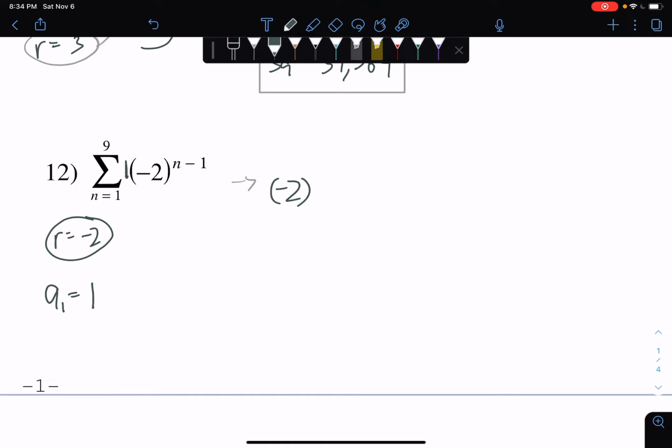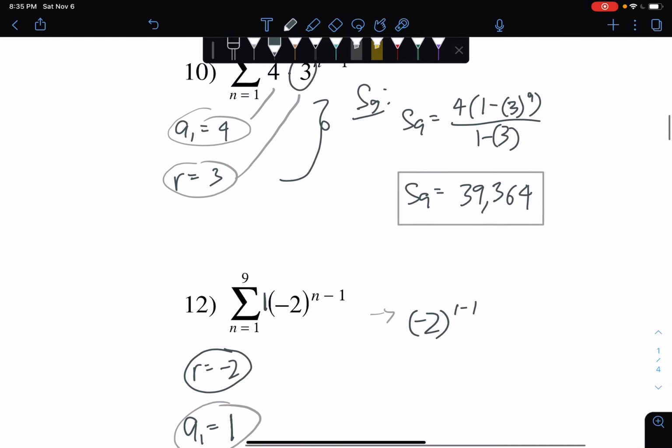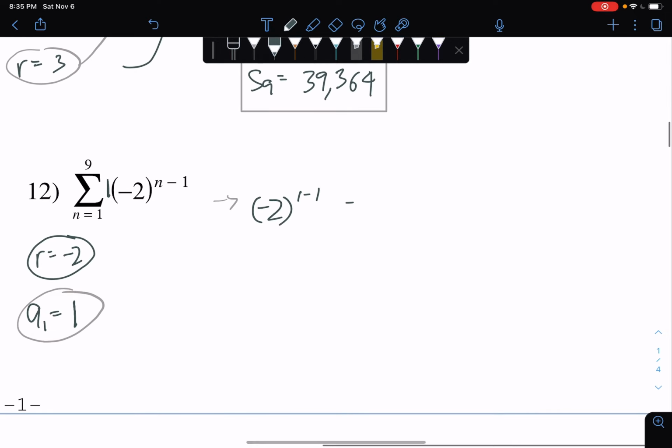So 1 times negative 2 is still negative 2, in a parentheses. Let's make sure a sub 1 really is 1 by checking. Negative 2 raised to 0 is 1. Literally, law of exponent.